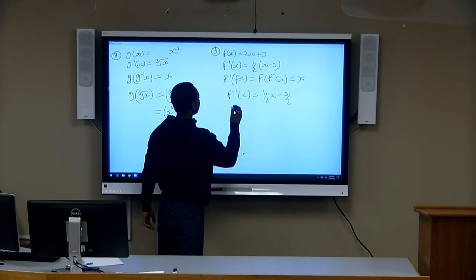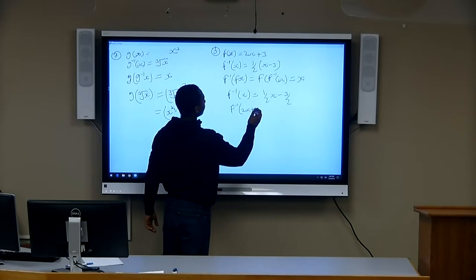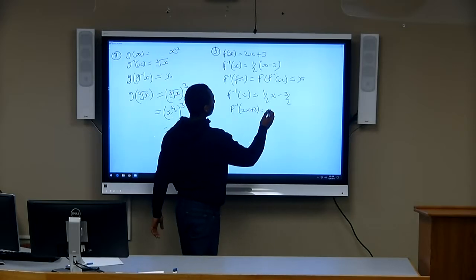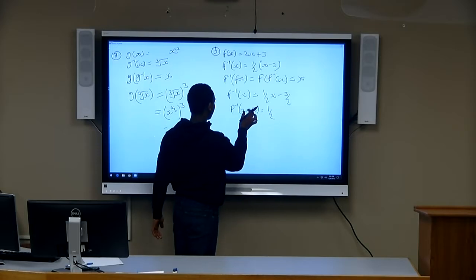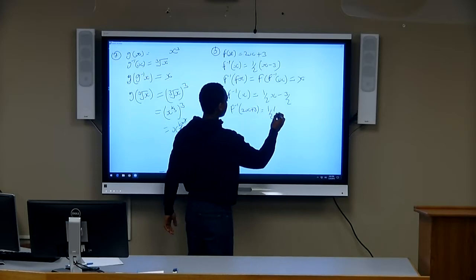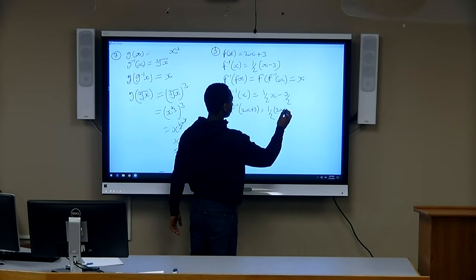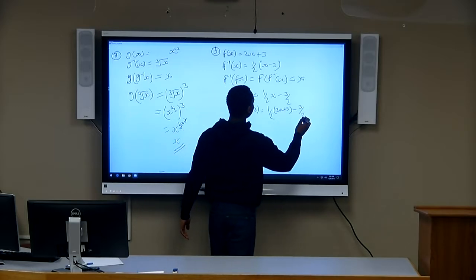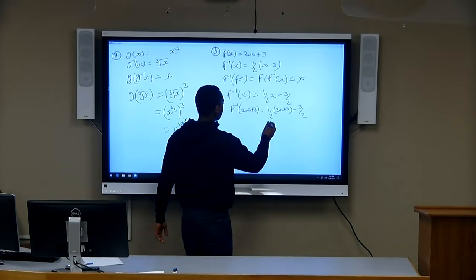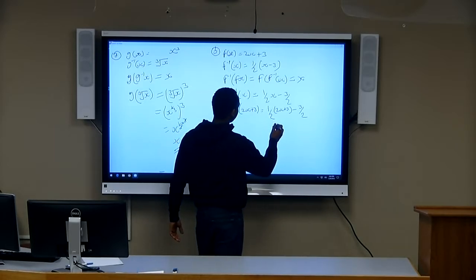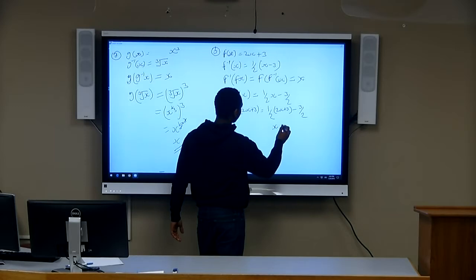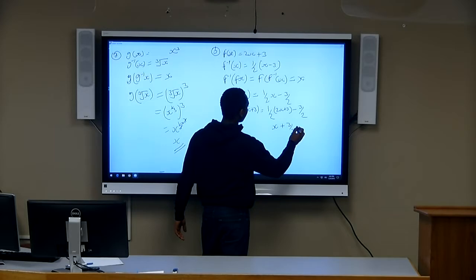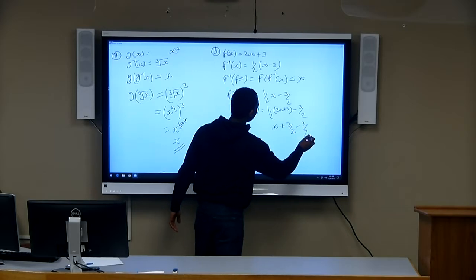So f inverse of 2x plus 3 is going to be equal to, wherever we see x, we put in 2x plus 3. So this thing is 2x plus 3 minus 3 over 2. If we multiply this thing out, it's going to be x plus 3 over 2 minus 3 over 2.